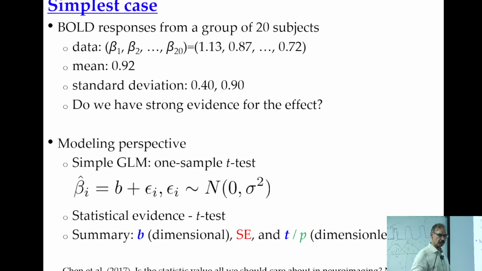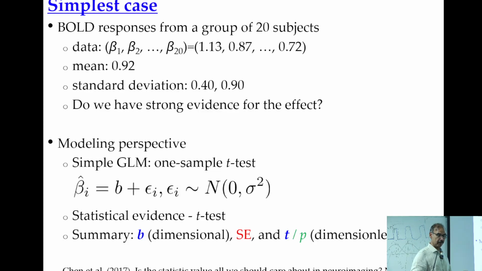In this case, a simple GLM, we would use a standard one sample t-test. This would be represented as beta_i equals b plus epsilon_i, where epsilon is noise, and b is basically the mean of all these measures.